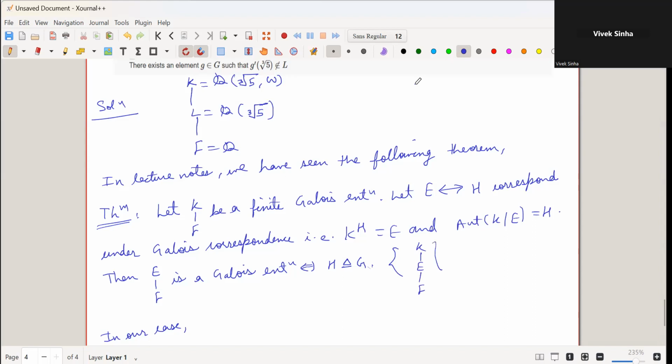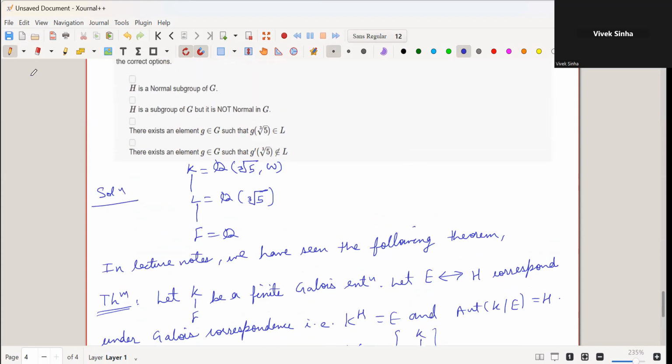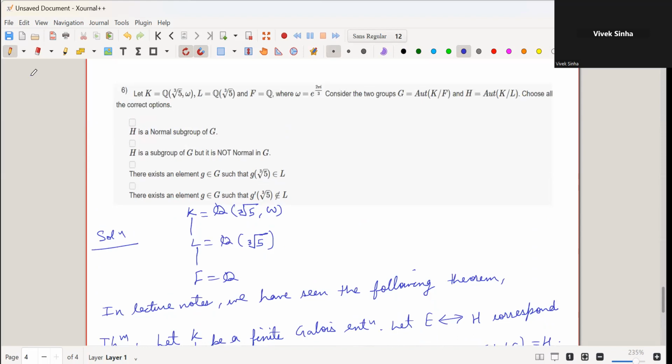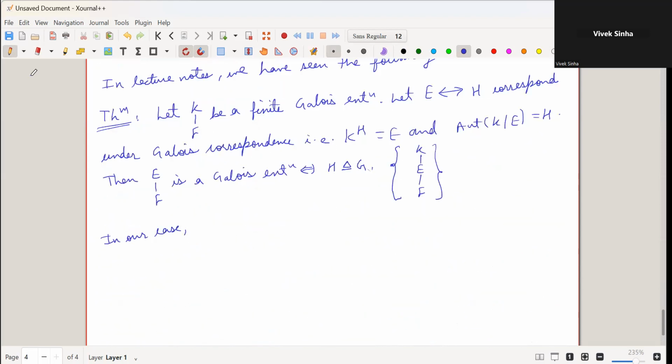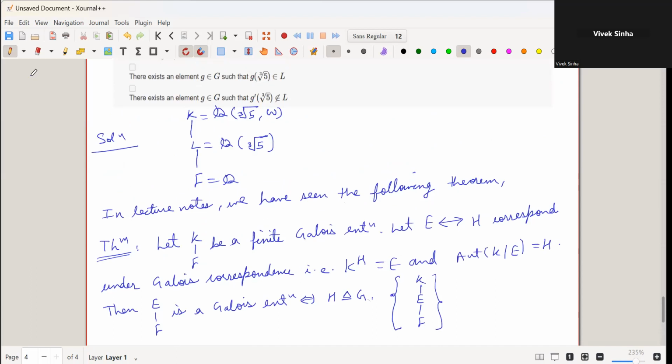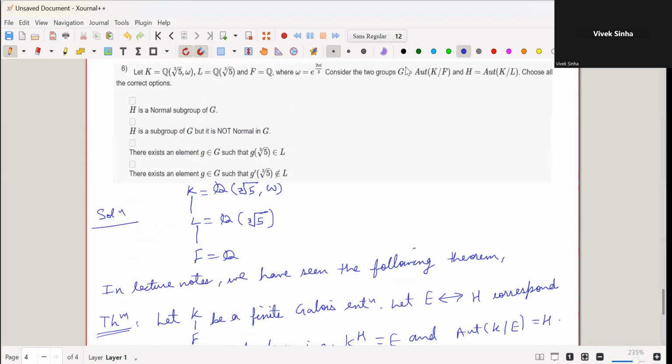So K, E, and F. It says E corresponds to H. So here L corresponds to the subgroup, the automorphism group of K over L. In the theorem, it is the automorphism group of K over E; here, it is the automorphism group of K over L. So this is the H. So H is a normal subgroup.